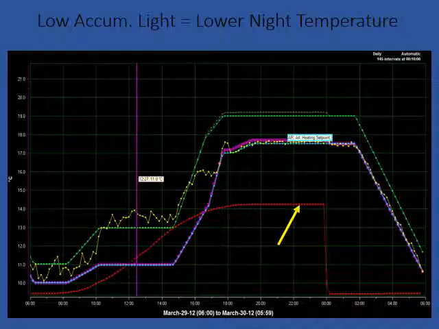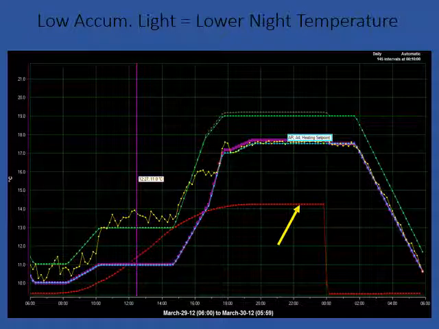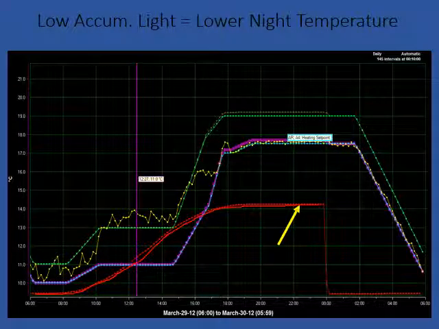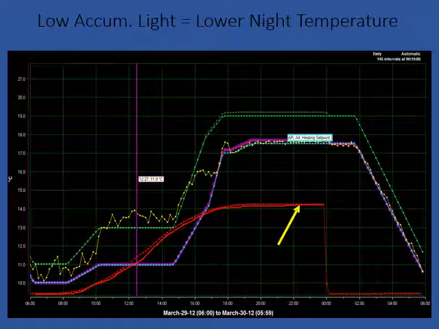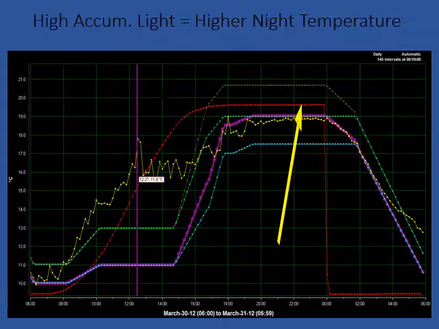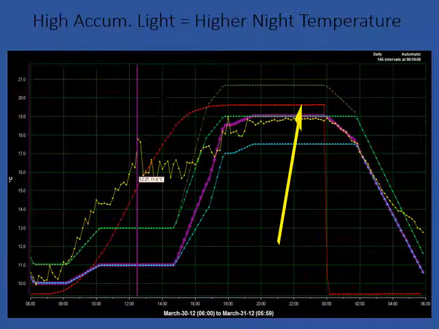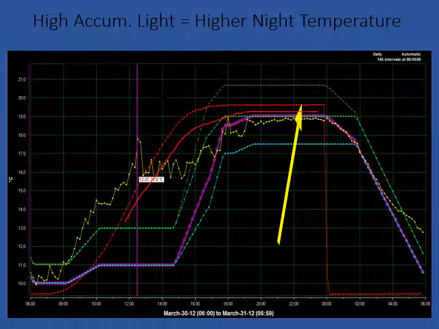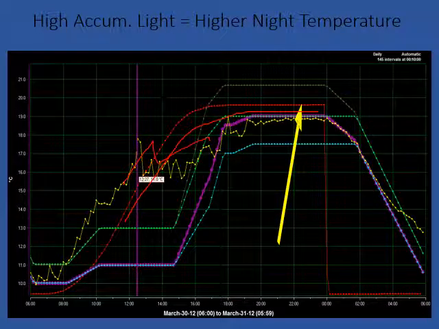So here we're looking at light accumulation. Your DLI is this red line. As the sun is shining, your DLI starts to accumulate, and we're not achieving a significant amount of DLI, and so temperatures are floating a little cooler. As you have a brighter day and you have a larger DLI, you can let temperatures float higher.